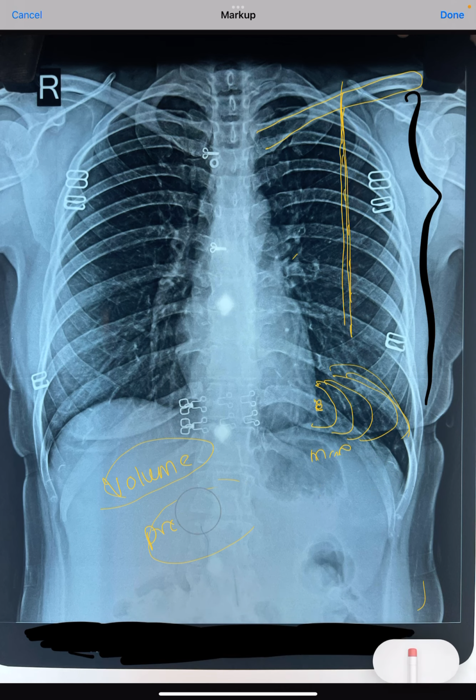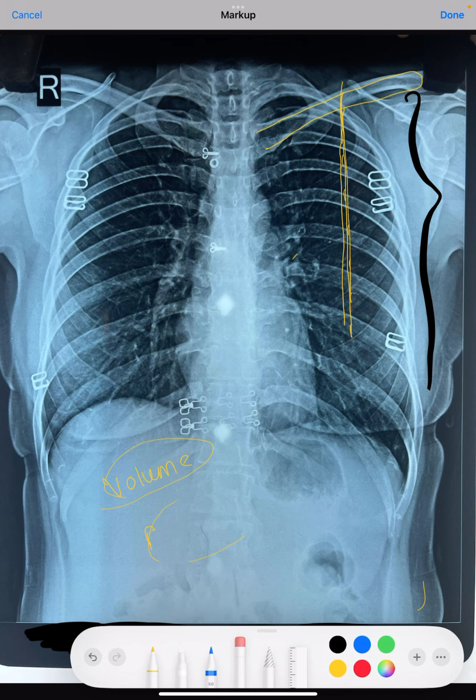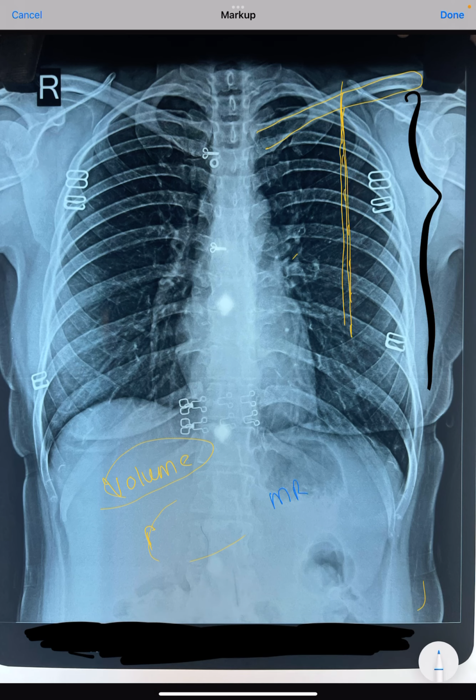The conditions where we see more blood are the regurgitant lesions. Regurgitation means there can be mitral regurgitation, where more blood flows from the left atrium to the left ventricle, or aortic regurgitation, where more blood flows from the aorta to the left ventricle.